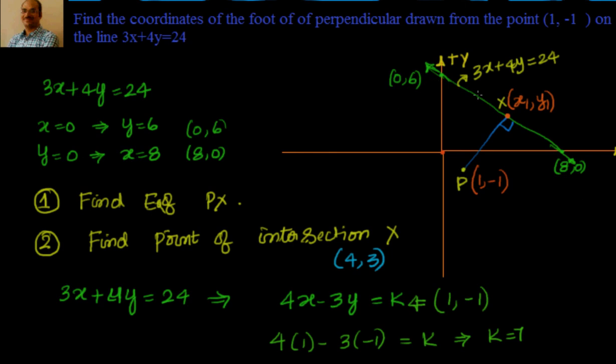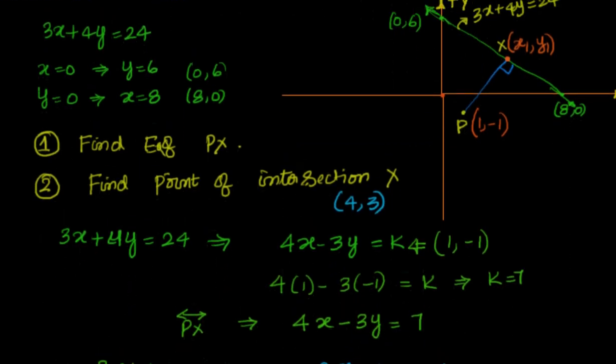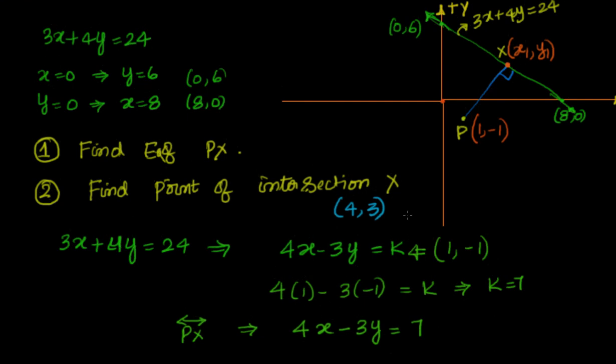We have been given a line and we have been told that from a particular point a perpendicular is drawn to it. We have been asked to find the coordinates of the foot of the perpendicular. We know that the line and the perpendicular will be at 90 degrees. So we can find the equation of the line which is perpendicular to 3x plus 4y equal to 24.